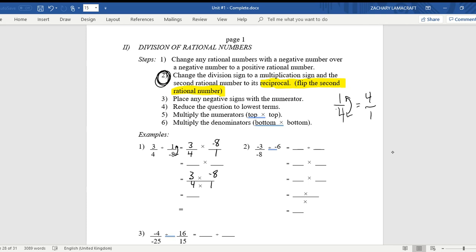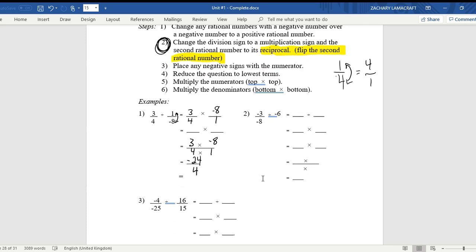So 3 times negative 8 is negative 24. And 4 times 1 being 4. And remember, fractions are just another way of showing division. So negative 24 divided by 4 is actually equal to negative 6. Okay.